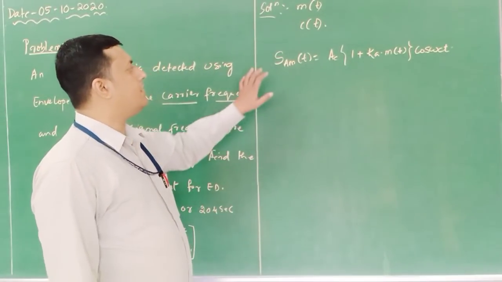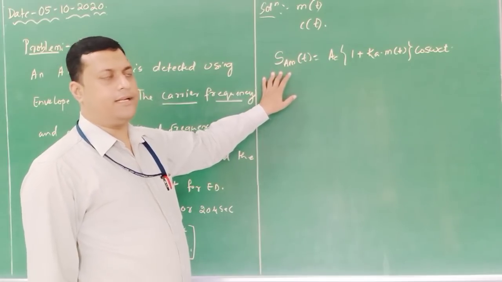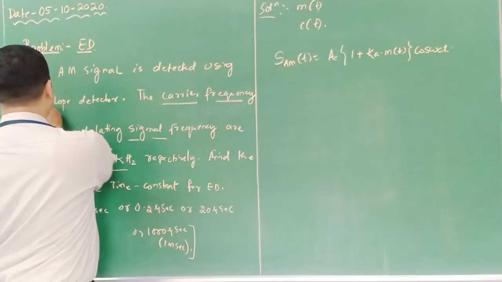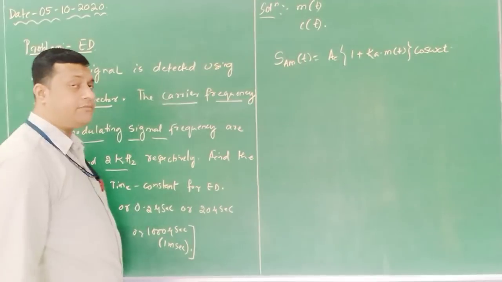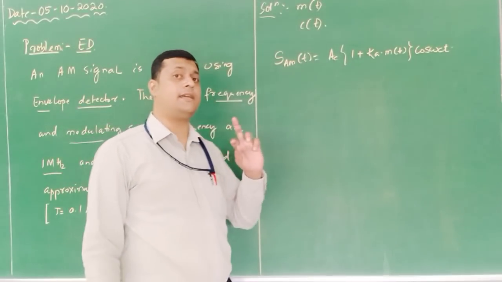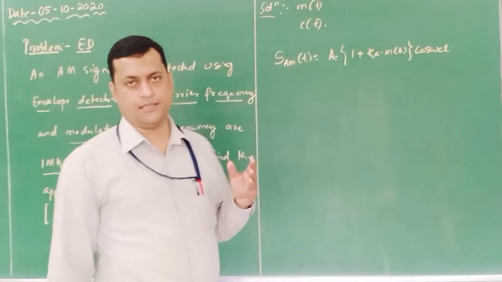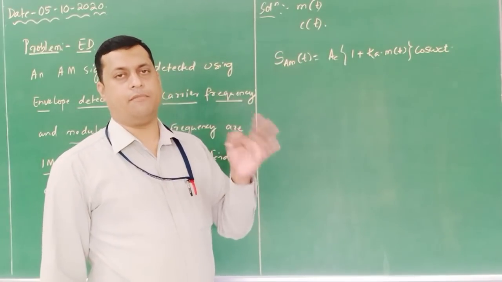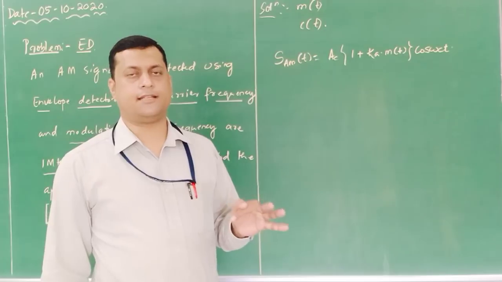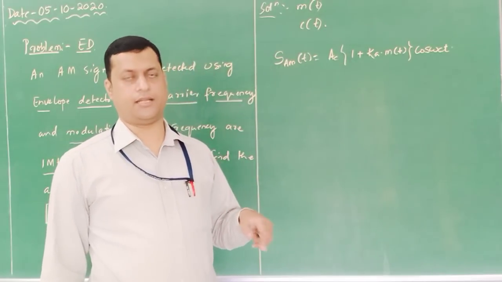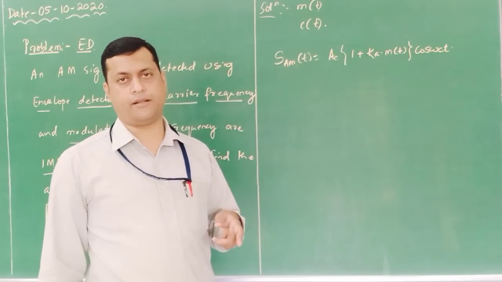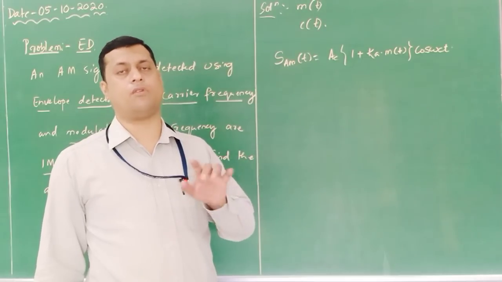This is the AM signal which I am going to transmit. Now this AM signal needs to be detected with the help of an envelope detector. Last class we saw how the envelope detector works. There are three cases we considered: if the modulation index mu_a is less than 1, what happens; if it is equal to 1, what happens; and if it is greater than 1, what will happen.